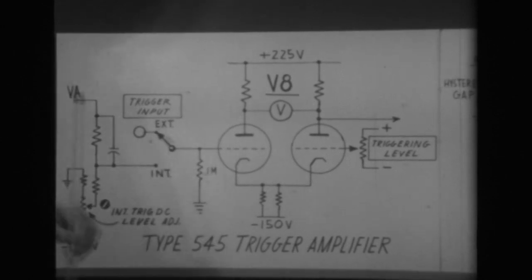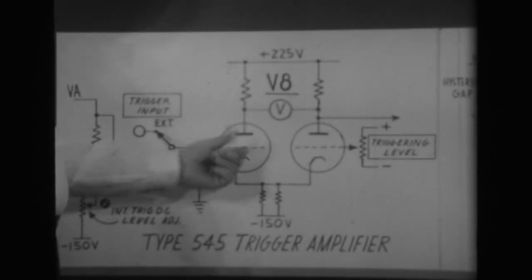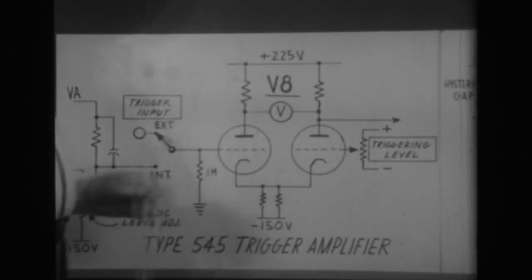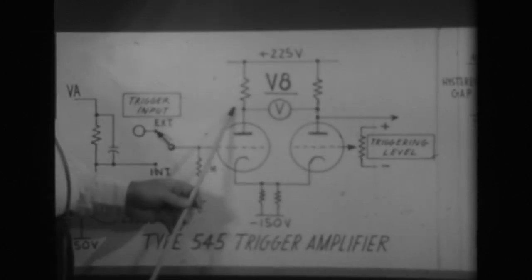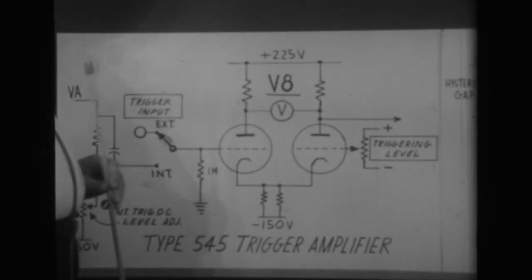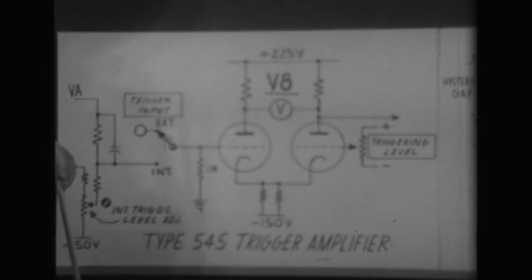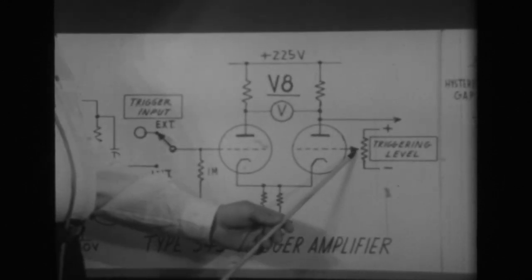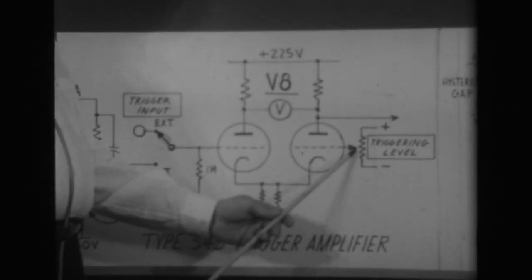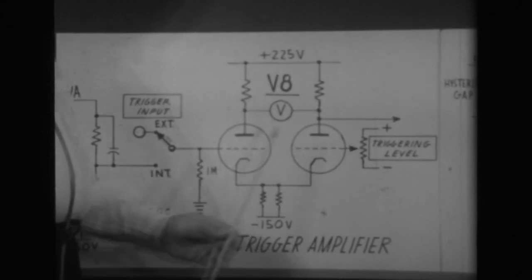In other words, by inverting the grids, switching them back and forth, this plate will stand the same number of DC volts above or below this plate in both conditions. That fixes the correct adjustment for the triggering level control pot.